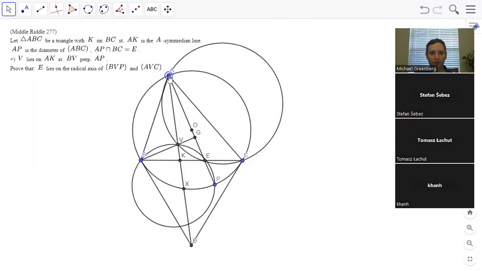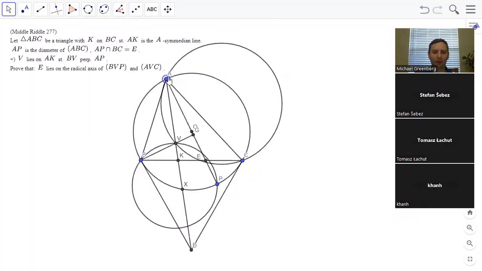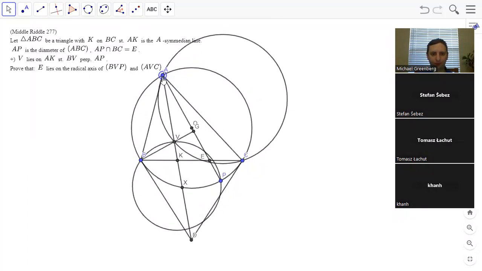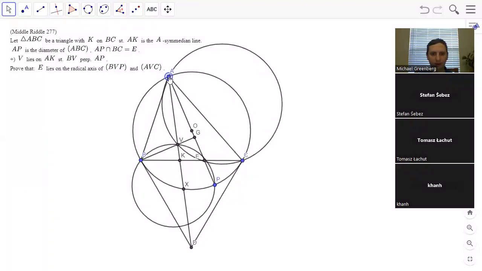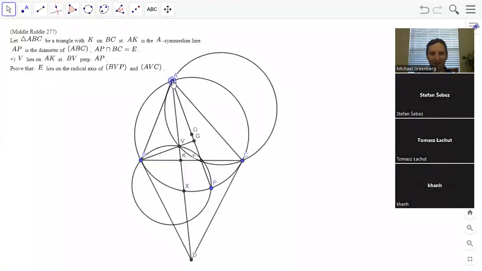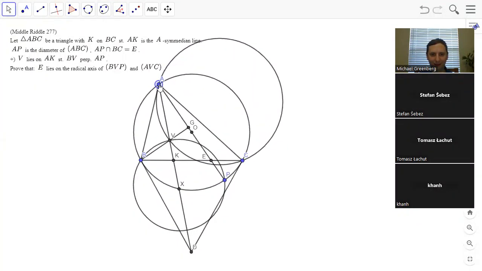But now G and O are the same point, which I didn't see. Oh well, something's gonna give. That looks good.